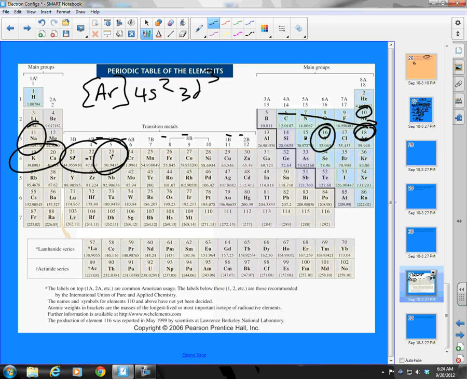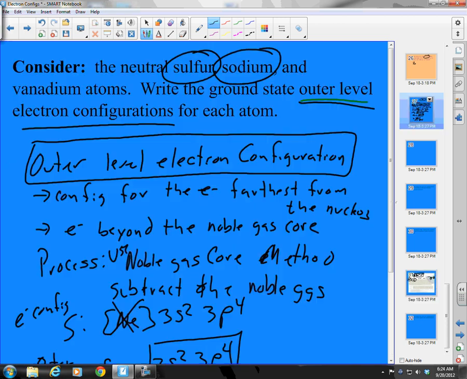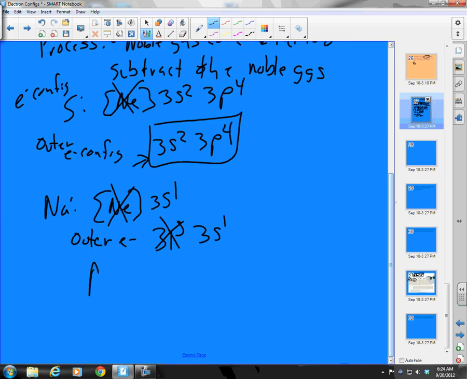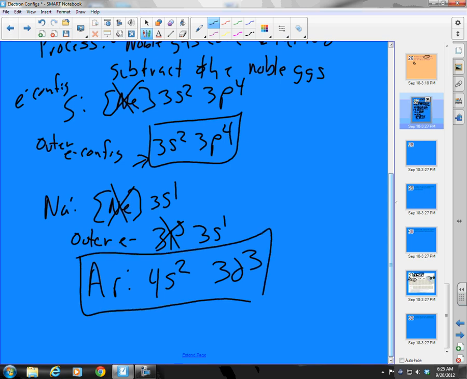So 4s2, 3d3. I get rid of the argon, so my outer electron configuration for vanadium is 4s2, 3d3.